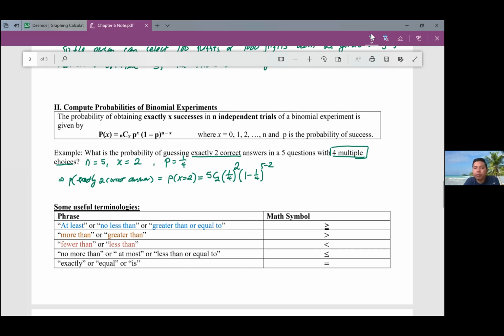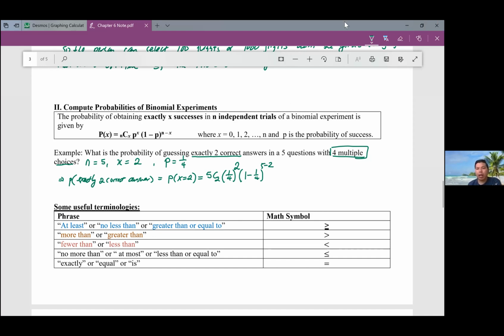But there's 4 questions or 4 choices, right? Yeah, we have 5 questions, and each question has 4 choices. Got it. Okay, I get you. Yeah, you were thinking like 4 minus 2, right, Matthew? Yeah. So we basically have 5 questions, but then 4 multiple choice means that each question will have A, B, C, D. That's what they meant by that.